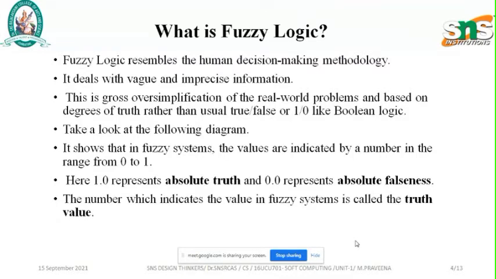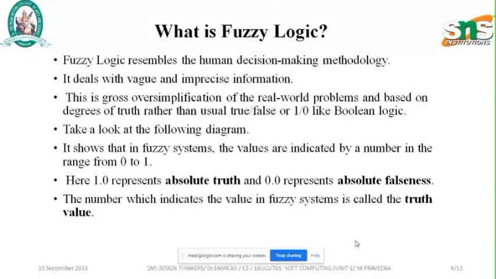This is a simplification of the real world problem, and it is based on the degree of truth rather than the usual true or false, or 1 or 0, or yes or no, like Boolean logic. So we cannot define it clearly.